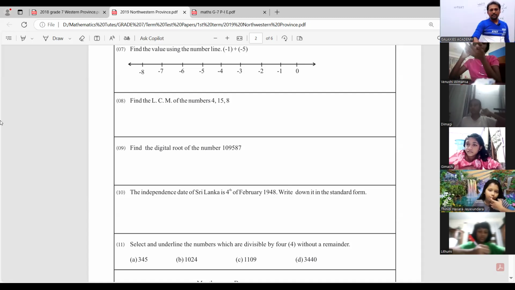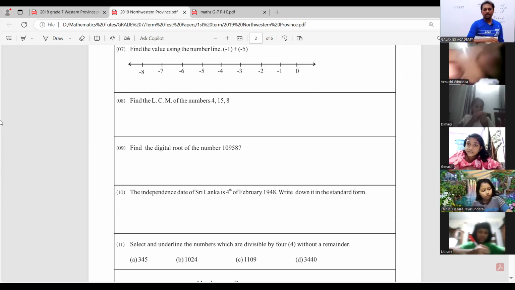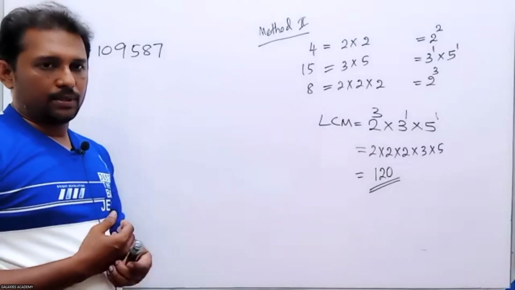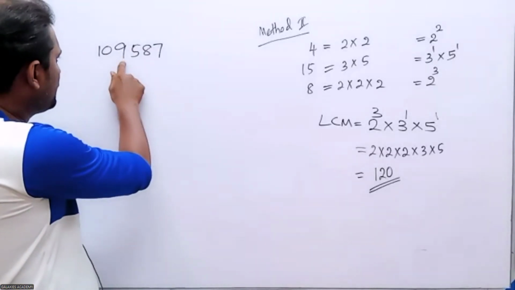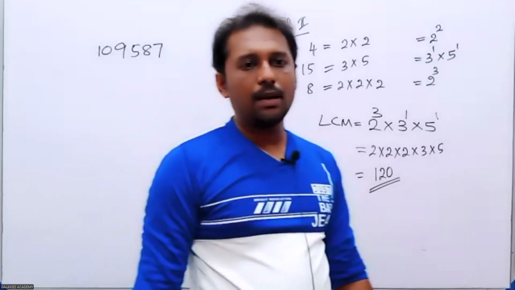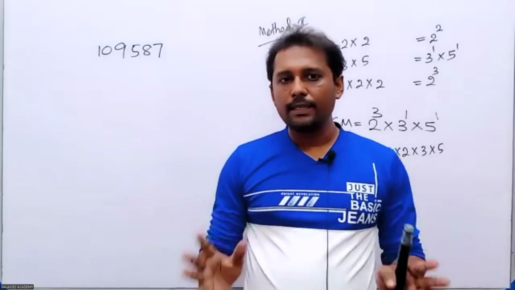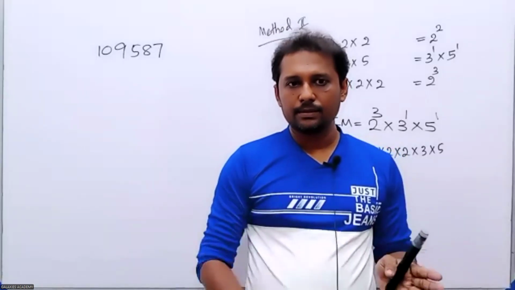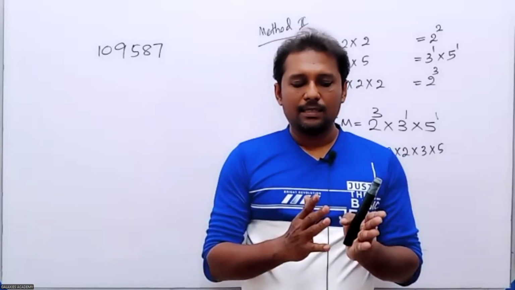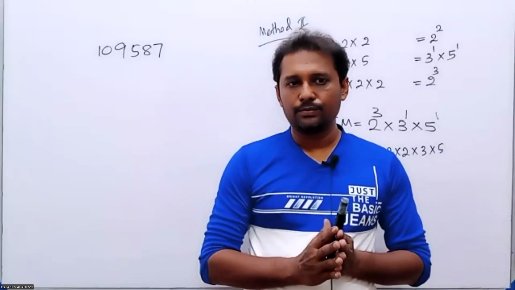You have to find the digital root of this number, right? How can you find the digital root? This number has 1, 2, 3, 4, 5, 6, there are 6 digits. So what do you have to do? All these digits you have to add until you receive the answer as a single digit value. Right?